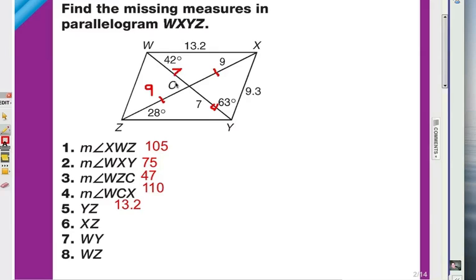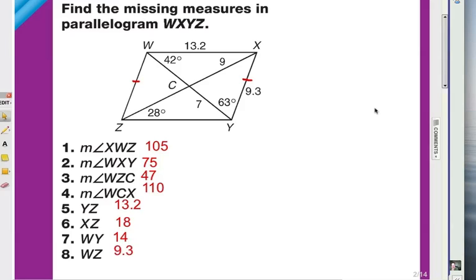All right, so we're going to use that to finish up the last few problems. So XZ must be 18 altogether. That also tells me that WY on number 7 down here must be 14. And finally, WZ on the last question must be congruent to XY, which is labeled 9.3. There you go.